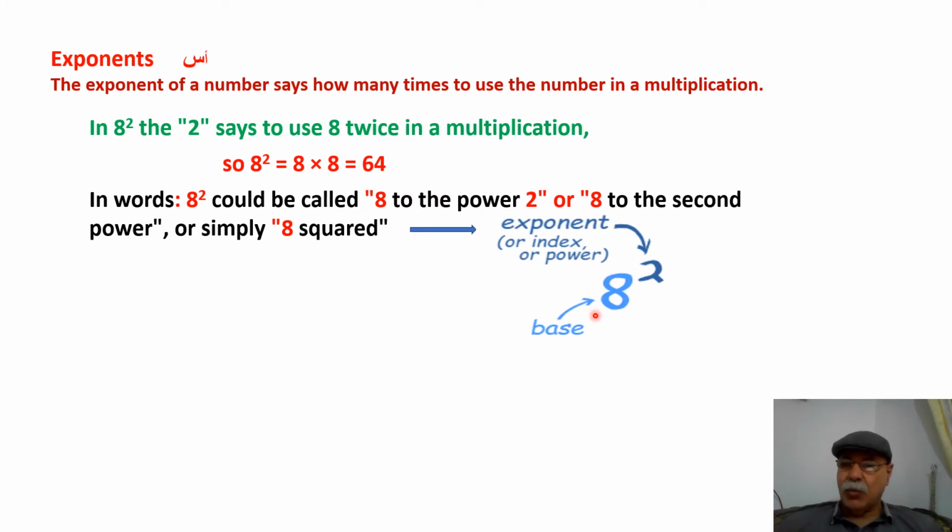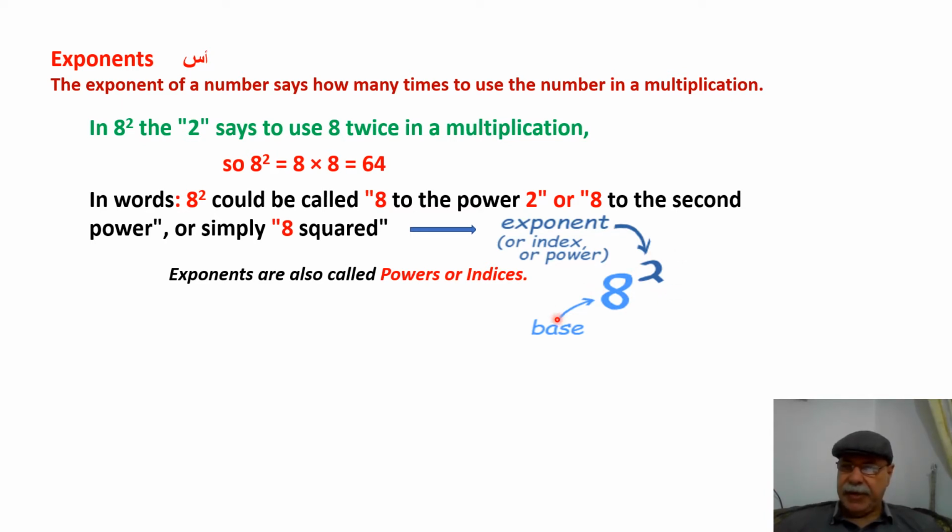This is the base and this is the exponent. Exponent is also called power or index. You can say power, you can say exponent, you can say index, you can say power 2, as you like.